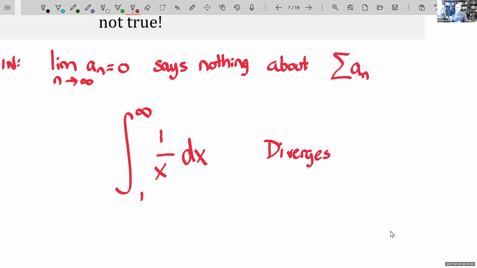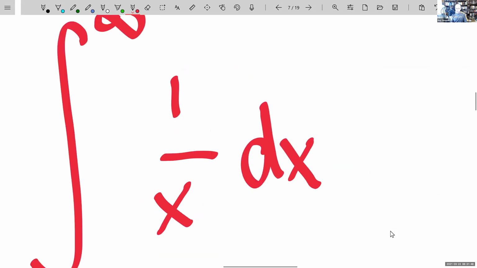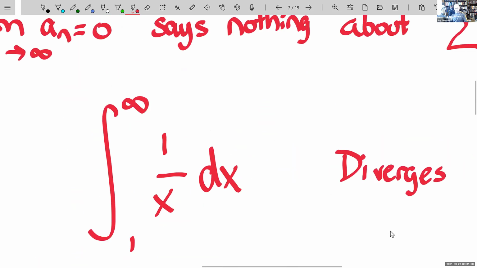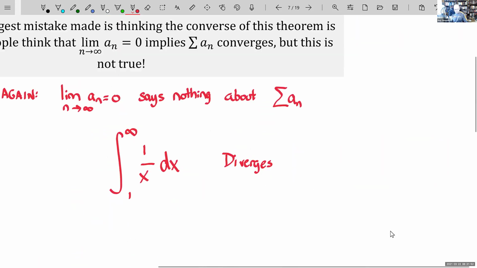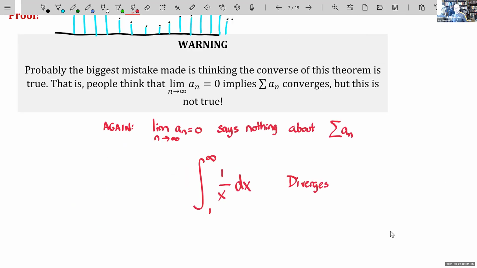So it diverges because the power on that x in the denominator is less than or equal to 1. And so I happen to know that area is going to be infinite, even though the function itself, 1 over x, tends to 0. So just the argument of the summation tending to 0 means nothing. So that's a heads up.